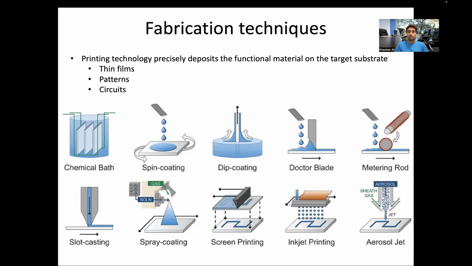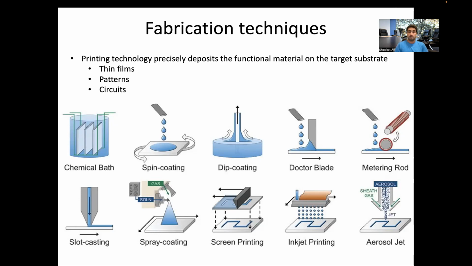So we can use any technology according to the requirement. These are some techniques available for printing electronics. The purpose of this technology is to make thin films, patterns, or circuits.